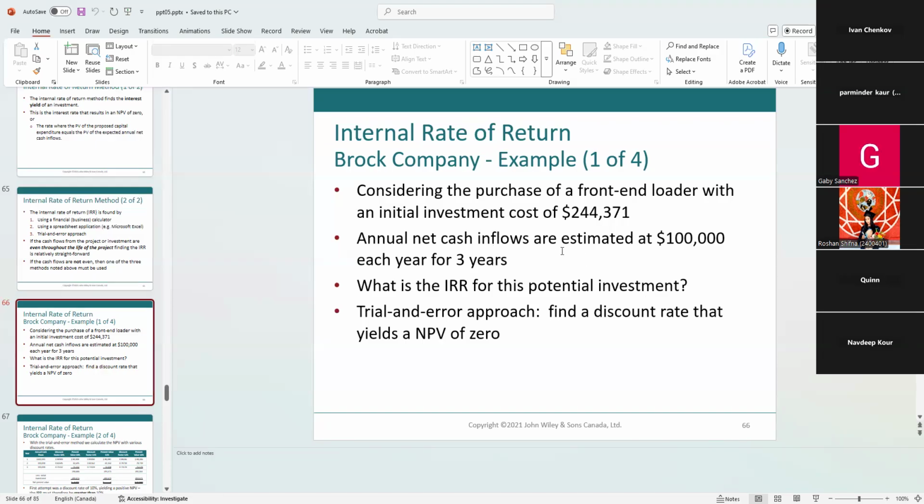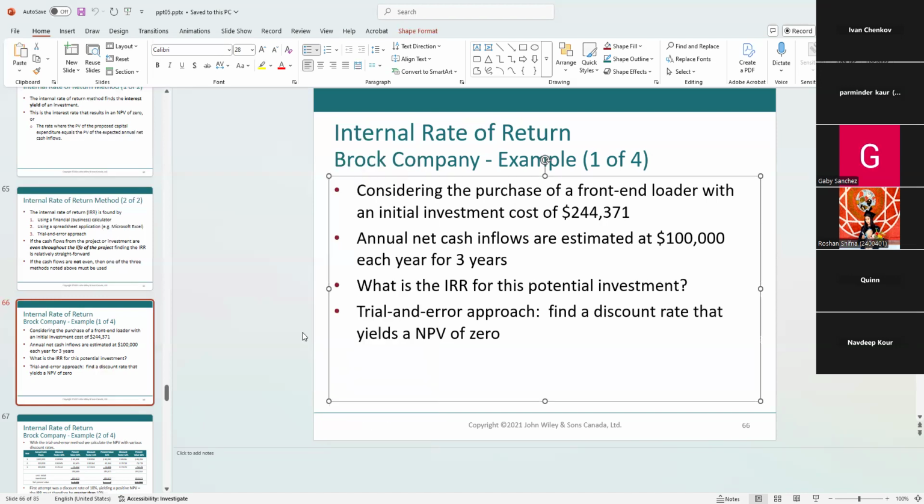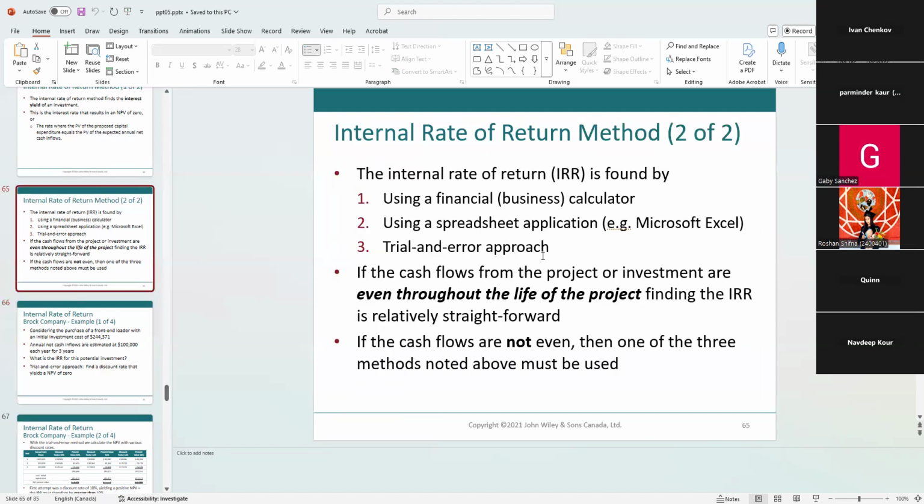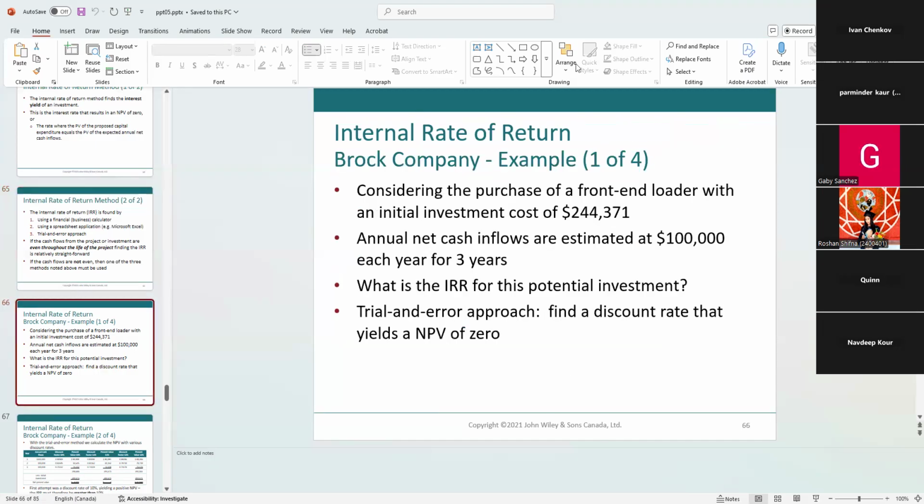So in order to get the net present value to 0, what we can do is very simple. We can use the trial and error approach if you want, but the only thing that we're chasing is the net present value to be 0, nothing more, nothing less. So let's go to the Excel spreadsheet and see what we can get.